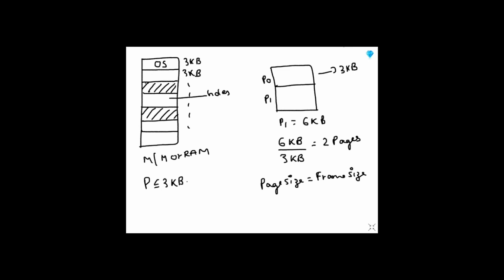Now, these particular pages P0 and P1 are loaded by the OS into the frames of the main memory. Not to forget that the process is divided into pages in the secondary memory itself, so as to save time before they arrive in main memory.